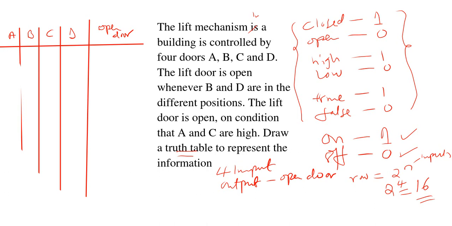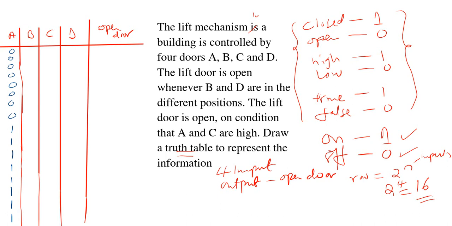Let me draw again. So we have 0, that is 1 2 3 4 5 6 7 8, and then 1 2 3 4 5 6 7 8.